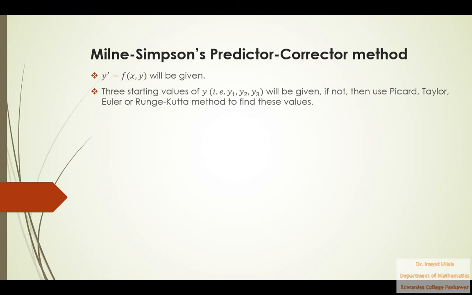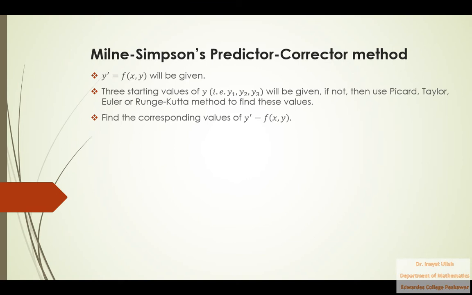Remember that you'll be given three starting values of y, because predictor-corrector methods need three values of y to proceed with the next value of y. So these three values will be given to you. If these three values are not given to you, then you need to use Picard, Taylor, Euler, or RK method to find these values of y.